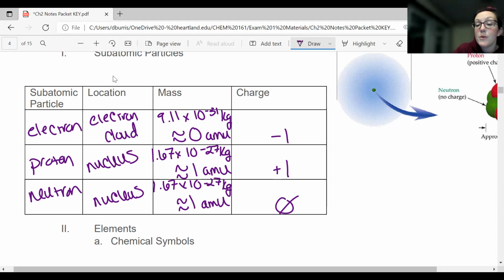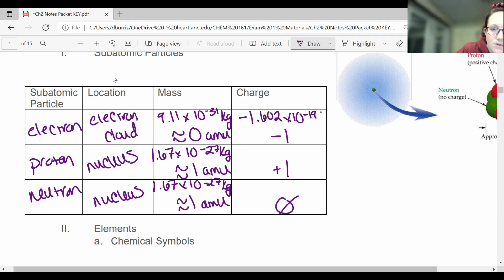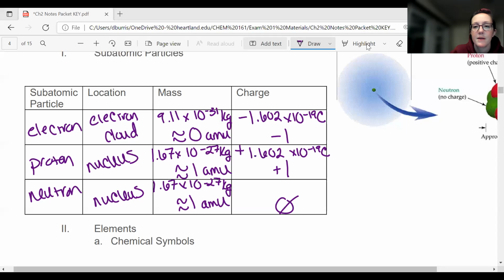If you actually measure them in coulombs, our SI unit, the electron is -1.602 times 10 to the -19th coulombs, and a proton is exactly the same but opposite: positive 1.602 times 10 to the -19th coulombs. You don't have to have these numbers memorized. You should know that it's -1, +1, 0 for charge, and 0, 1, and 1 for the atomic mass units, but you don't have to have the SI unit ones memorized.